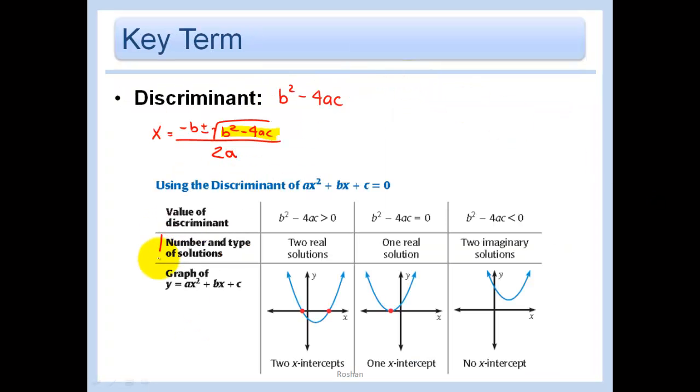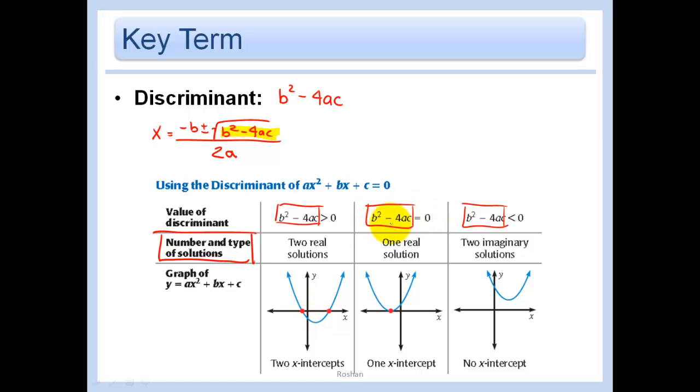So if my question is just, how many solutions do you have? All you have to do is look at the b squared minus 4ac part. If that is positive, you have plus or minus, which gives you two answers.